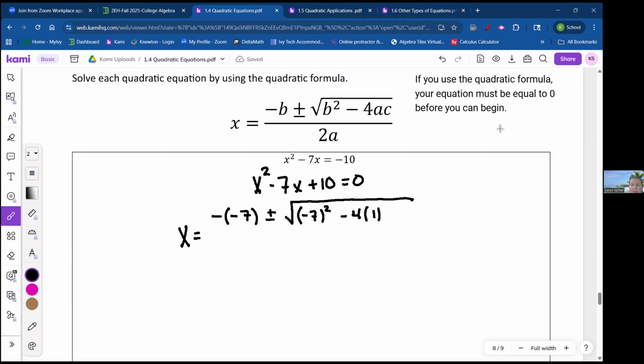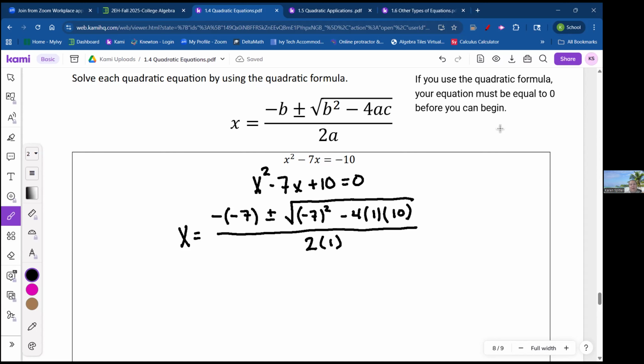If you'd like to hear about it, you can set up a time to talk. But anyway, A is 1, and C in this case, because we did add the 10, is positive 10. And then we divide that by 2 times A, and again, A is 1. Remember, the A, B, and C in here are numbers, not the x's.